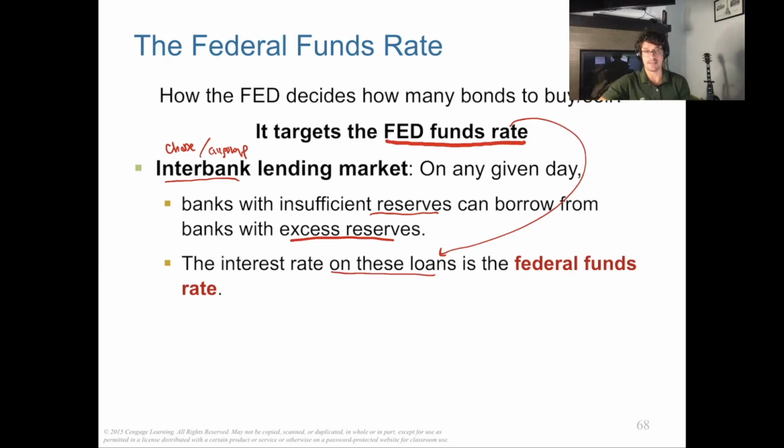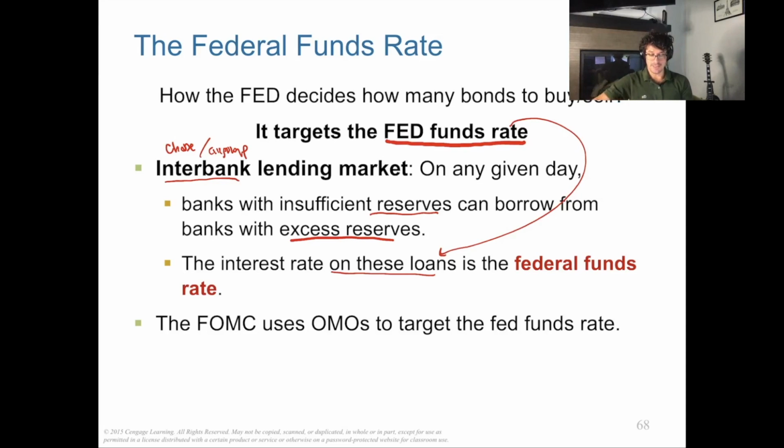It's really demand and supply. So the Federal Open Market Committee, which, remember, meets every 6 weeks, uses open market operations at the New York Fed in order to target the Fed funds rate.